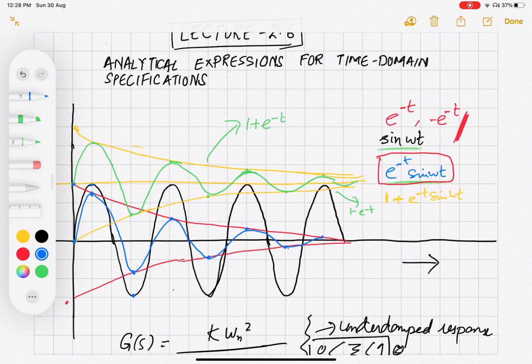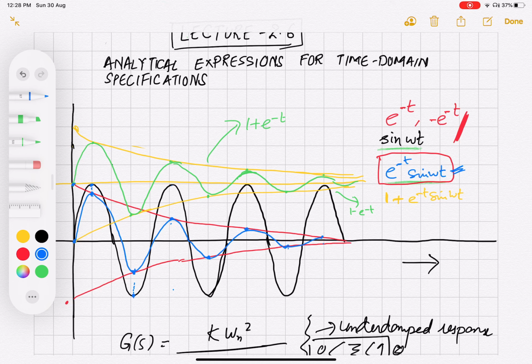So tracing these peaks, corresponding to a plus peak, I draw a dot on the e to the power minus t curve, and corresponding to a minus peak, I draw a dot on the minus e to the power minus t curve. I get these points here, and when I connect these points, this blue colored waveform that I obtain is the waveform for e to the power minus t sine omega t.